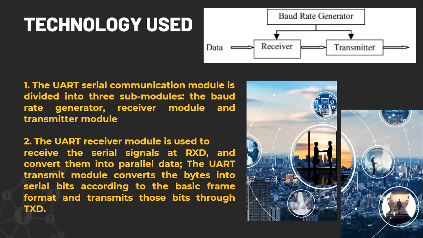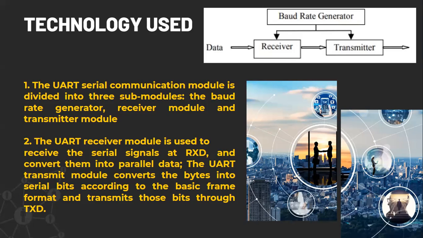The UART serial communication module is divided into three sub-modules: the baud rate generator, the receiver module, and the transmitter module. The baud rate generator is used to generate the clocking mechanism required for communication and is actually a frequency divider. The transmitter and receiver line for each device is to transmit and receive serial data intended for serial communication.